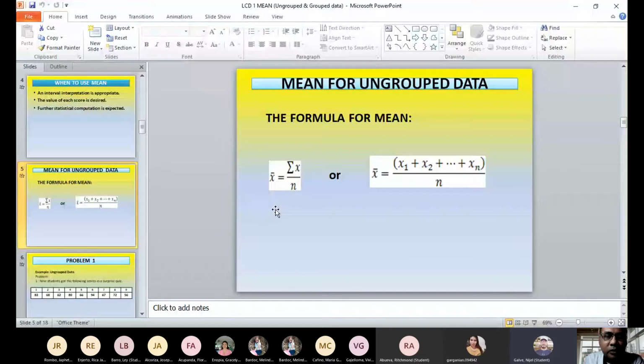So that is how to find the mean. X bar equals the summation of X, so you count from the first up to the last value, and then divide by the number of items. That is the mean using ungrouped data.